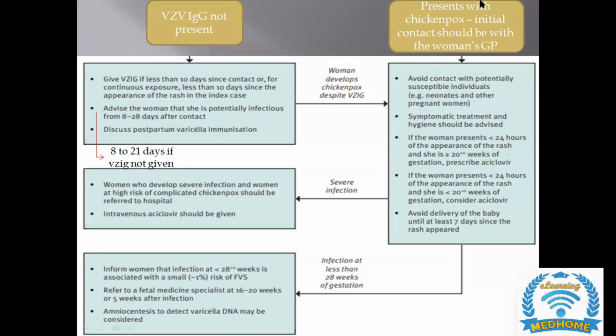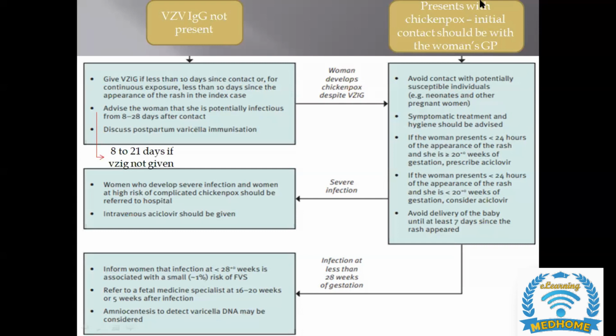What will we do to rule it out? We will do a scan after 5 weeks to see any changes. The patient was at 24 weeks, so at what week will we do the ultrasound? At 29 weeks, exactly.